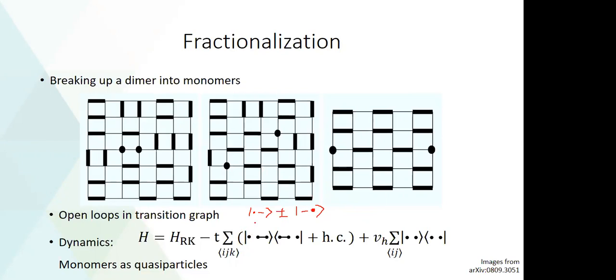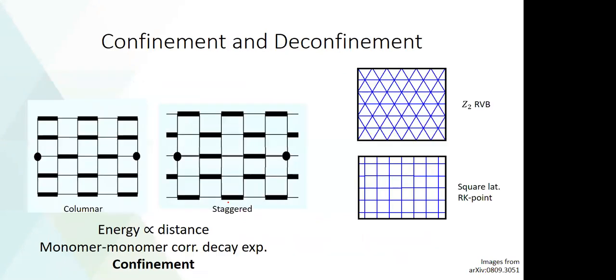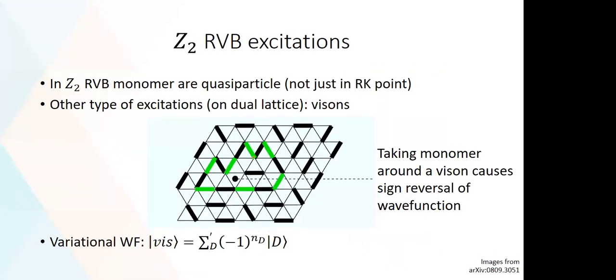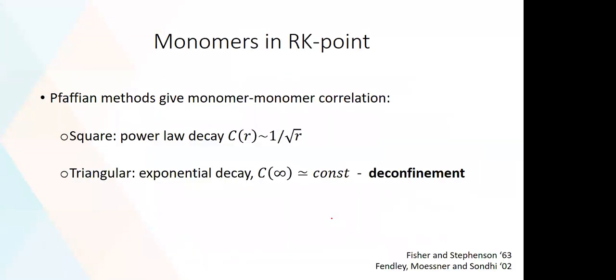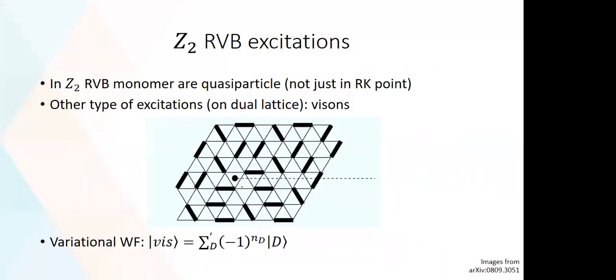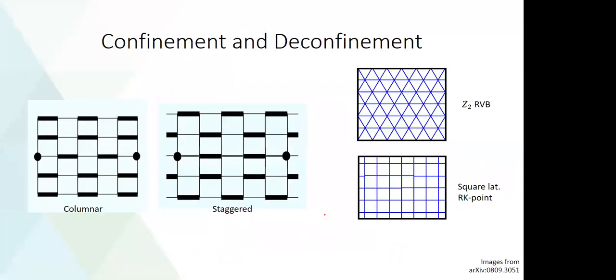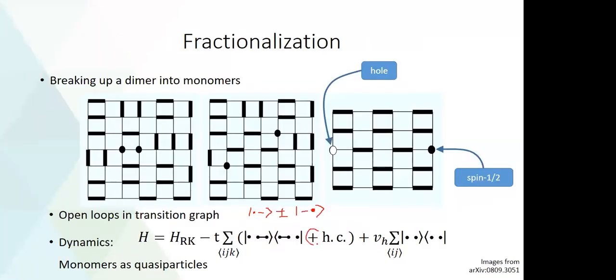So to define the Vison using this kind of loop, I move monomers about it, and the movement of monomers is with this specific phase. So I kind of choose a phase in some sense. That would fix the phase.